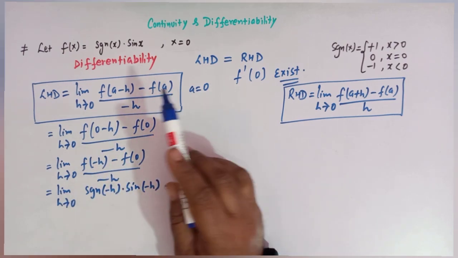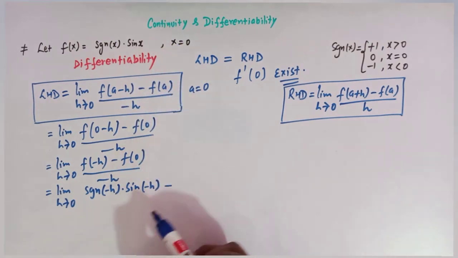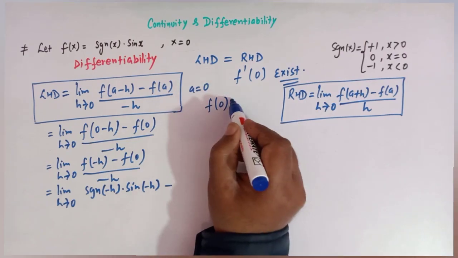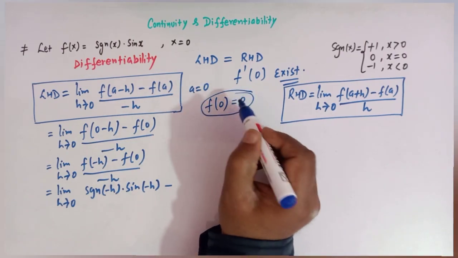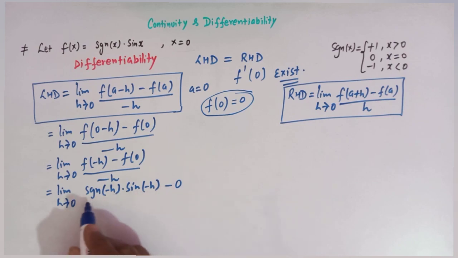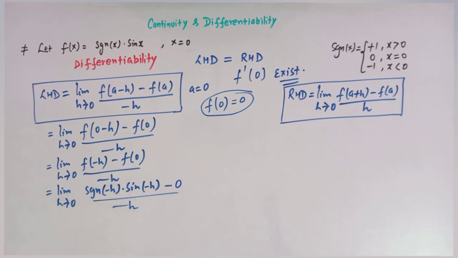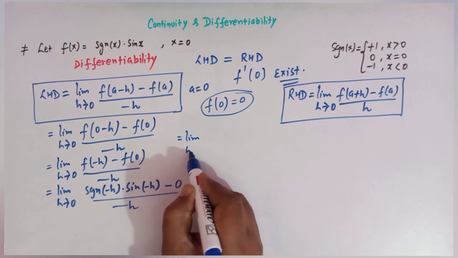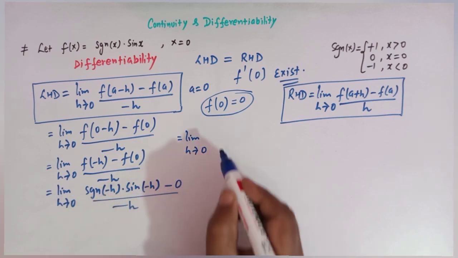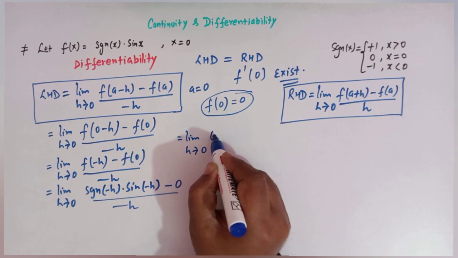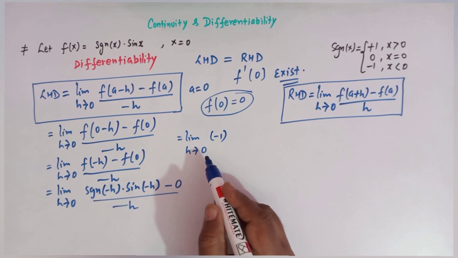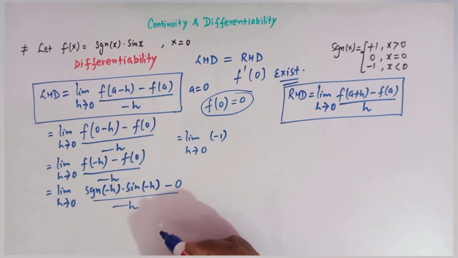While proving the function to be continuous, we have seen that the value of the function at x equal to 0 was 0, so we'll straight away take 0 here, and here we have minus h. Signum of minus h is equal to minus 1, and we have seen all these quantities while proving this function to be continuous.